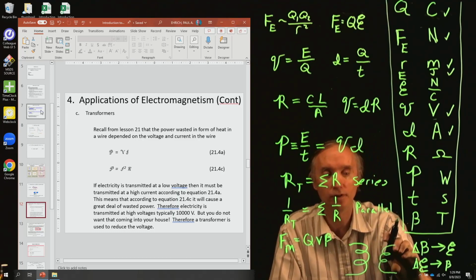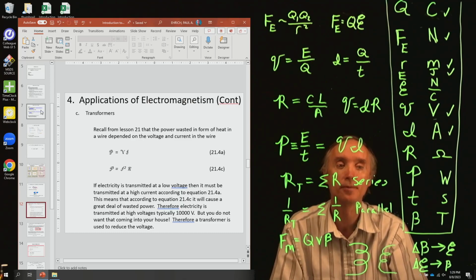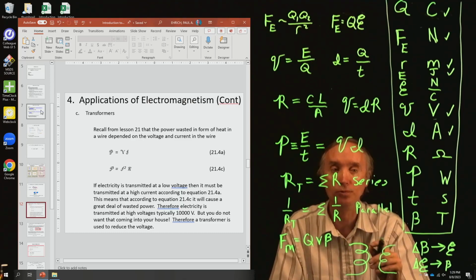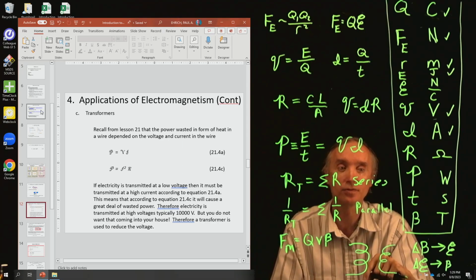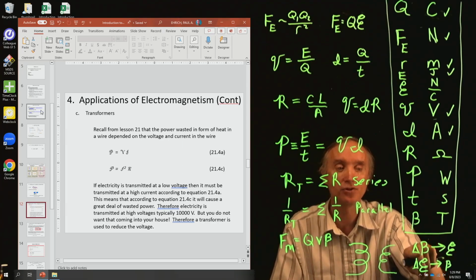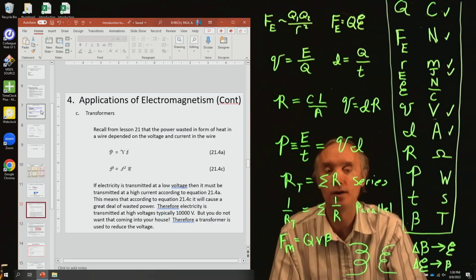So your house is over here, the power lines are over here. And so only AC works. AC is alternating electricity, and alternating electricity is going to make a changing magnetic field. And then the changing magnetic field is going to produce the current that goes into your house.